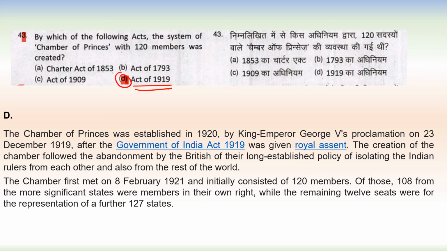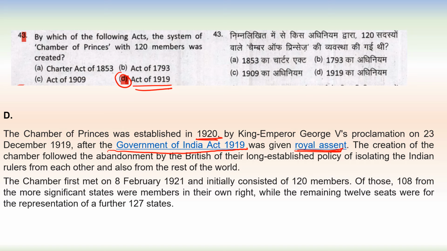So this chamber of princes was established in 1920 after the Government of India Act 1919 was given the royal assent. So इसके क्रिएट होने के बाद जो ब्रिटिश की पॉलिसी थी, isolating the Indian rulers from each other, that was abandoned.